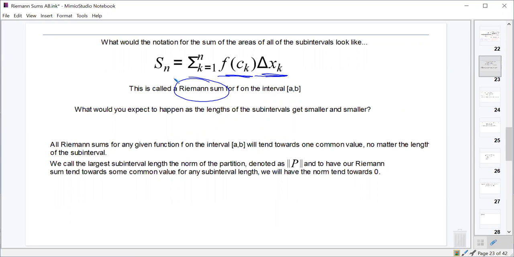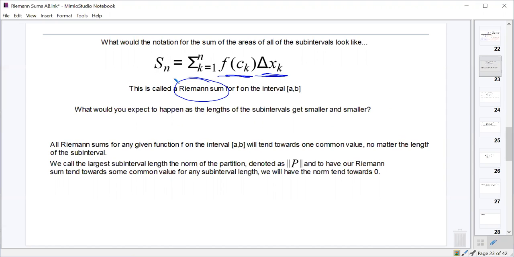Now, if we wanted to get more subintervals, we'd have to make our subintervals smaller. True? Because more subintervals means better approximation of the area. True? And that's what we want, the best approximation of the area we can get. So let's make the largest subinterval become very, very small.